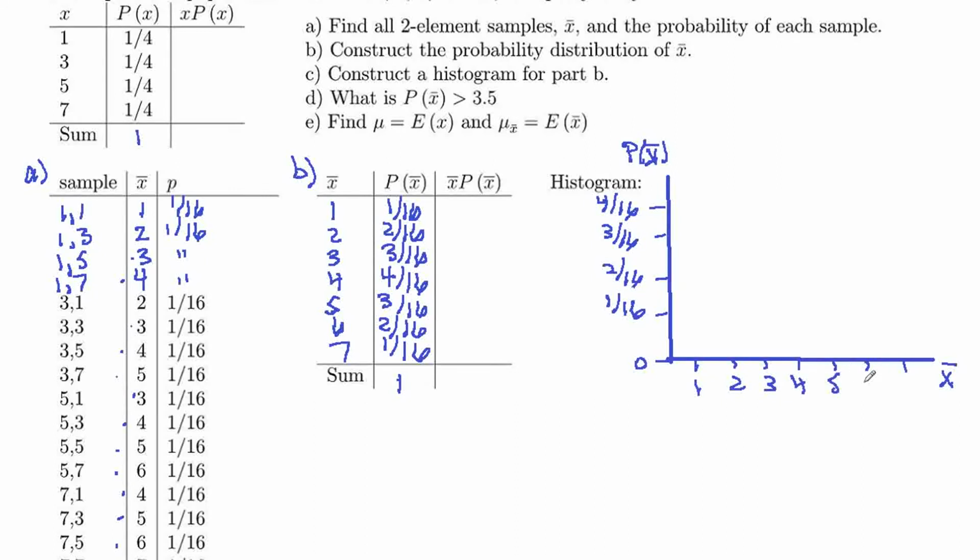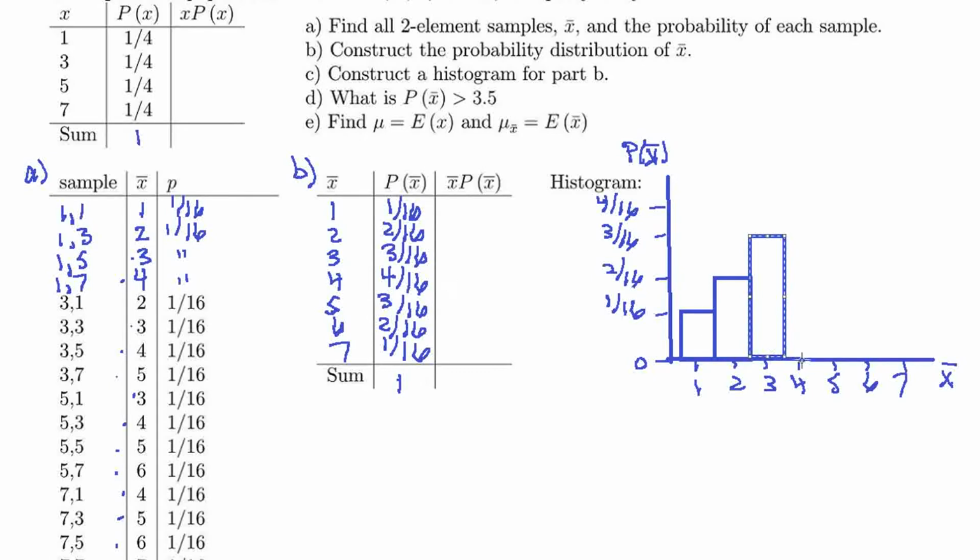And so the sample mean of 1 has a probability of 1/16, so we're going to put a bar of height 1/16 over that. And then 2 has a probability of 2/16, so a bar up to height 2/16. Over 3, we've got 3/16. So a bar centered on 3/16 height.